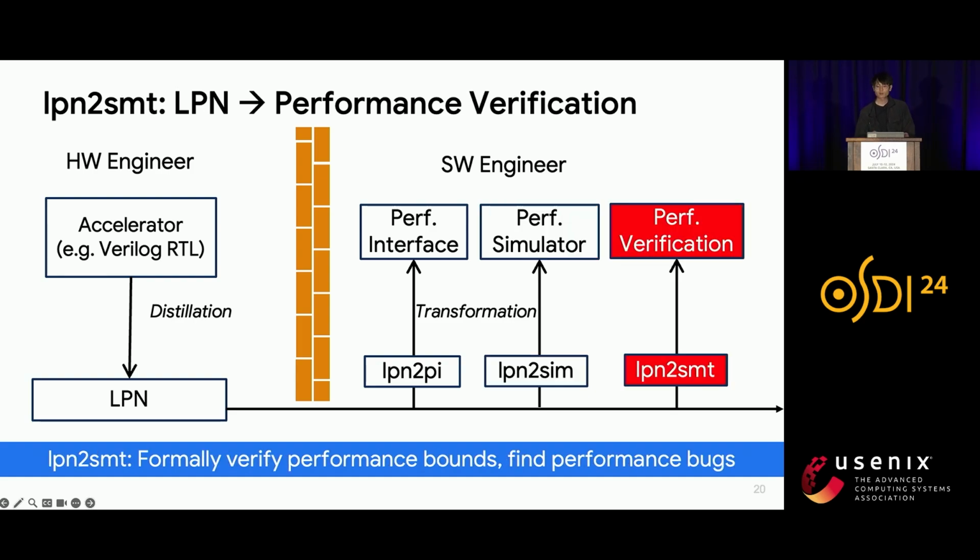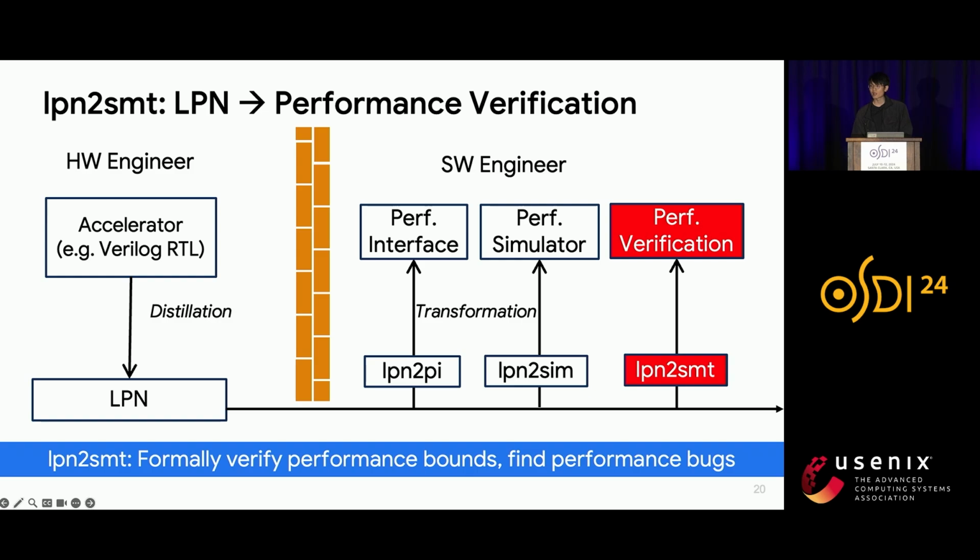We also developed LPN2SMT, which produces SMT constraints from the LPN, which can then be used to formally verify performance properties with a solver. We used LPN2SMT to prove upper bounds on the time a hardware JPEG decoder takes to do its job. This is crucial for real-time systems that need performance guarantees from hardware accelerators.